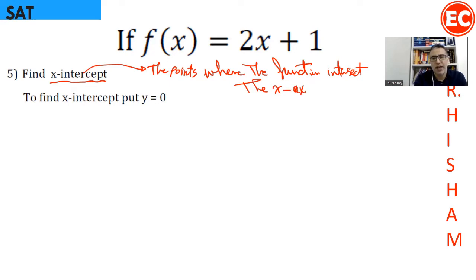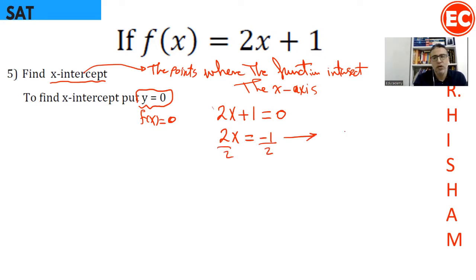And to intersect the x-axis, I will replace y with 0. I mean by y here that f of x should equal 0. So I'm going to write that 2x plus 1 equals 0. I make the equation equal to 0. So 2x is equal to negative 1, divide both terms by 2, so x is equal to negative half.